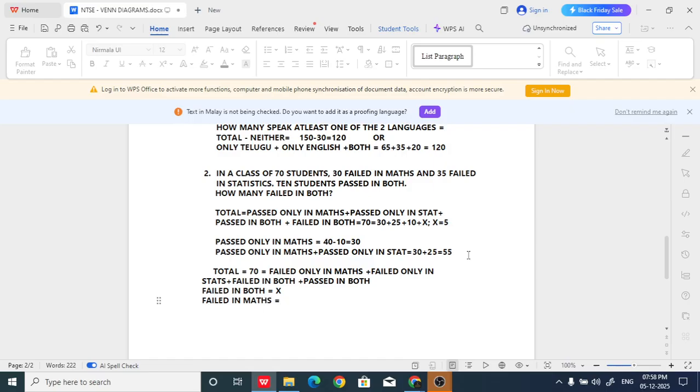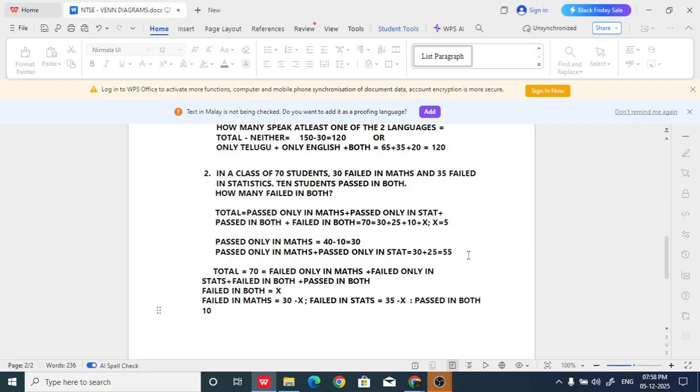Failed in maths is 30, so failed only in maths is 30 minus X. How many failed only in statistics? 35 minus X. So, how many passed in both? 10, sir. Passed in both is 10.